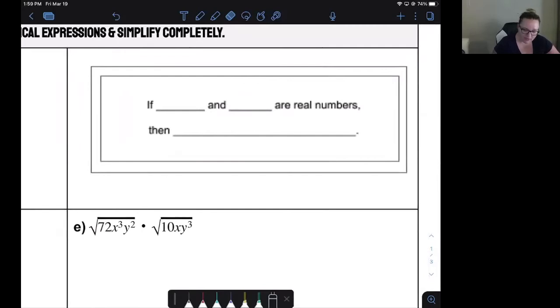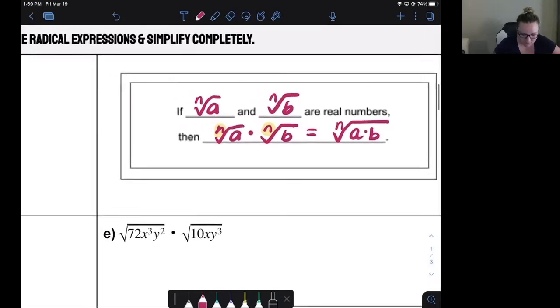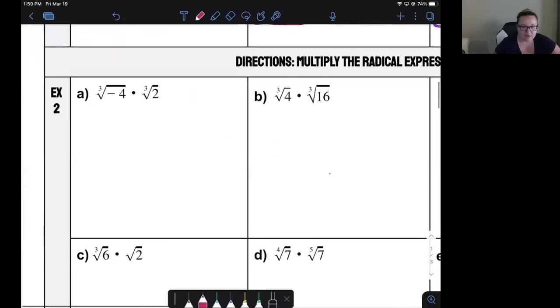If you have 2 radicals, like the nth root of a and the nth root of b, and those are real numbers, then if you take the nth root of a and multiply by the nth root of b, because the indexes are the same, you can combine them under one radical, still multiplying a and b. So the nth root of a times the nth root of b is the same thing as the nth root of a times b. We're going to use that to help us simplify some radicals.